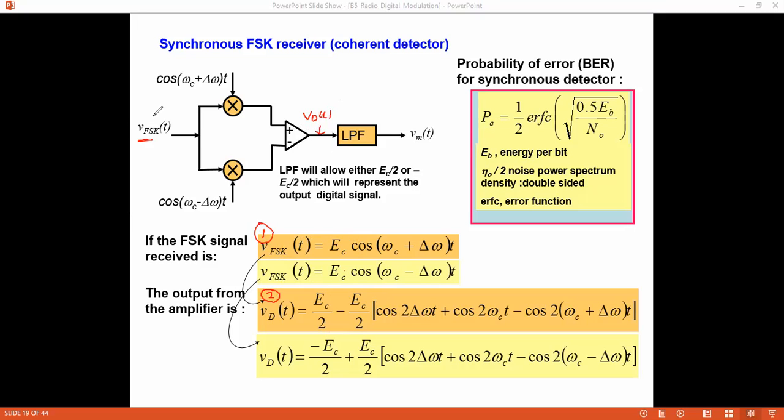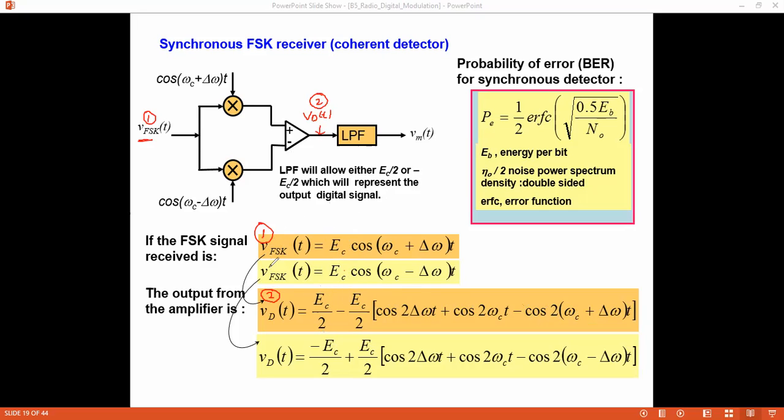If we send number 1, we'll get number 2 at this point. Then the LPF will stop all the higher frequencies, and it is left with only this part, EC over 2.